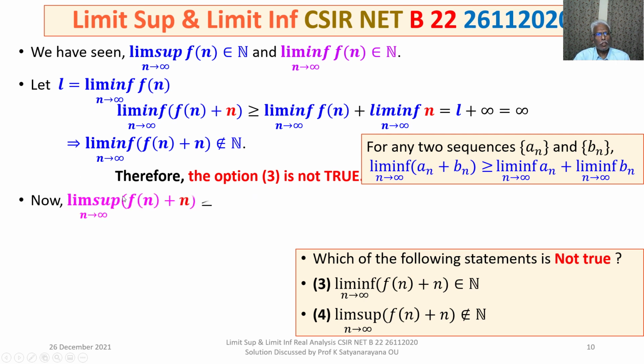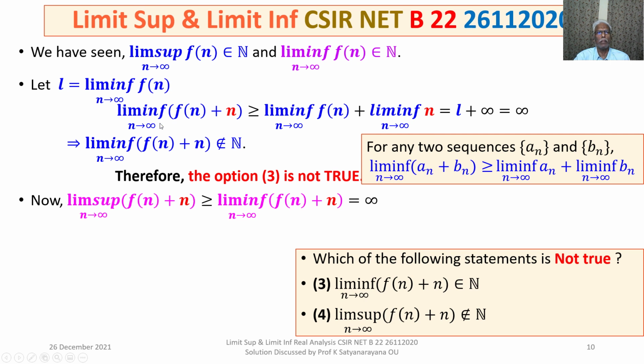Now, limit superior of f of n plus n as n tends to infinity is always greater than or equal to limit inferior of f of n plus n.